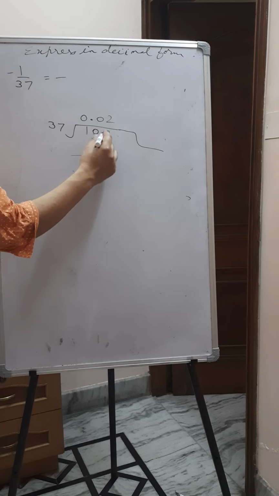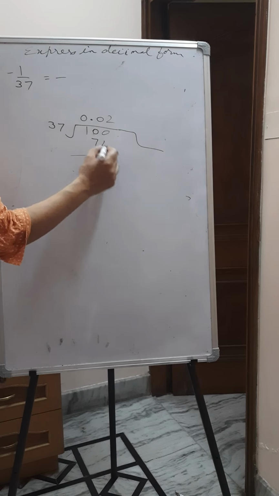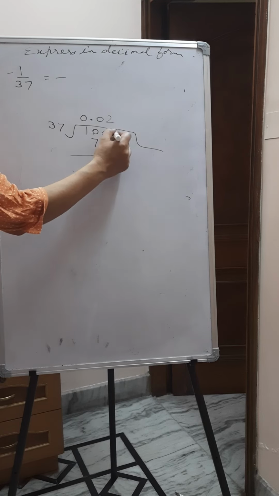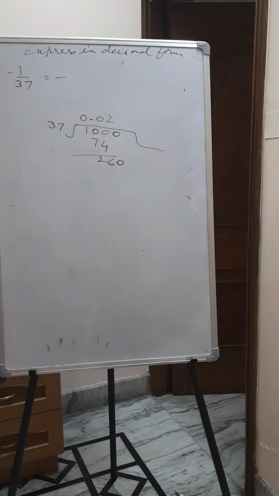100 minus 74. 10 minus 4 is 6. 9 minus 7 is 2. Then put one more 0 here. It is 260.